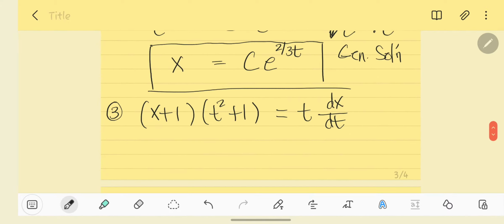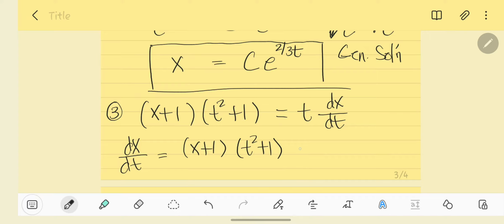So now we try to manipulate the equation: we transpose the t to the other side. So the equation becomes dx over dt is equal to x plus 1 times t squared plus 1 times 1 over t.